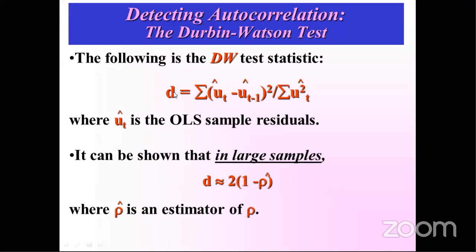The Durbin-Watson D statistic is defined as the sum of the squares of the differences in the values of the error terms divided by the sum of the squares of the disturbance term. So this is the interpretation of the elements of the Durbin-Watson statistic, or the D statistic.